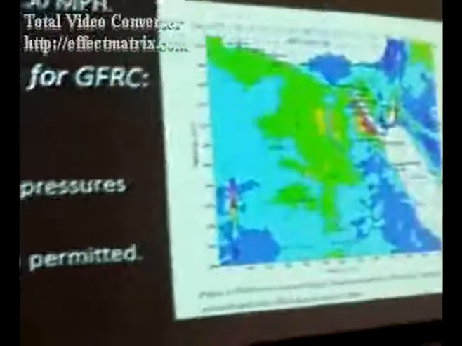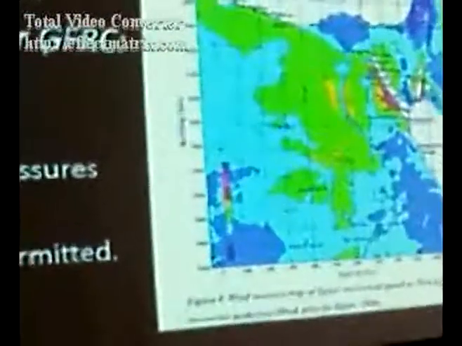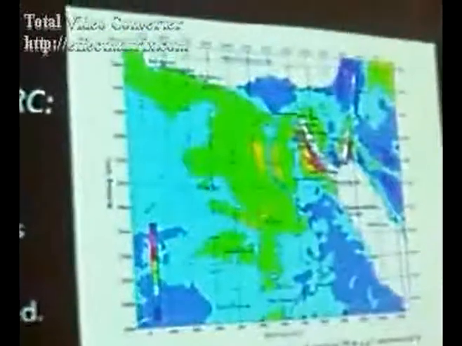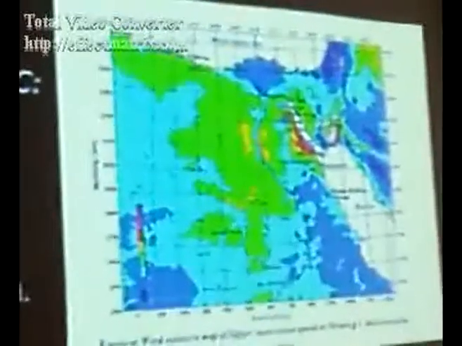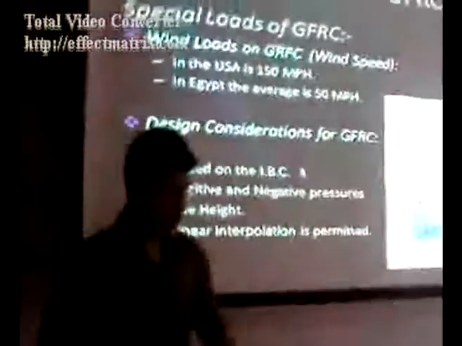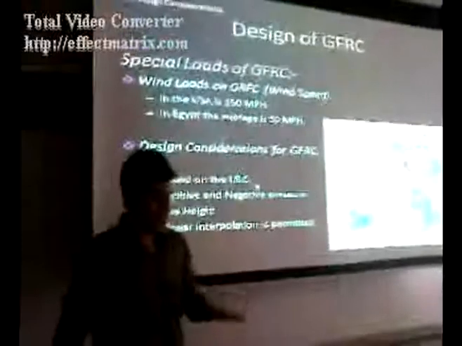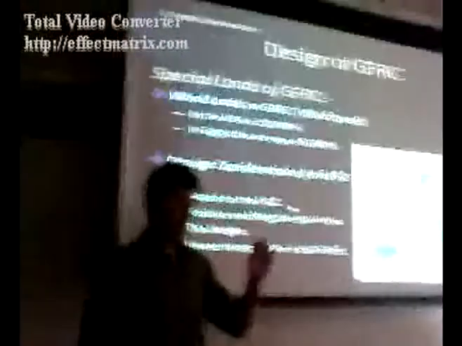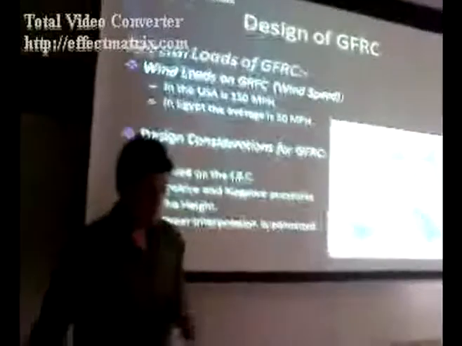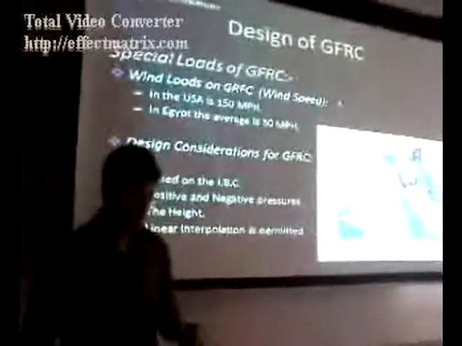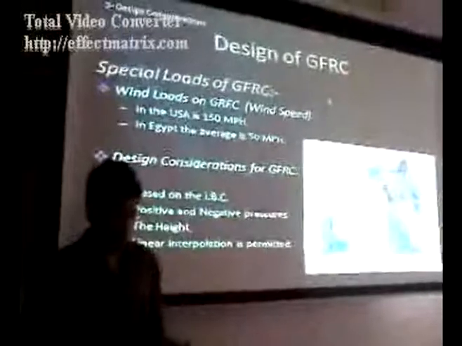But if you're designing somewhere like here, with a tall building or anything, then you need to take it into consideration. The procedures follow IBC, and you have to calculate the positive and negative pressures, the height, and interpolation between the control lines of the wind speed.